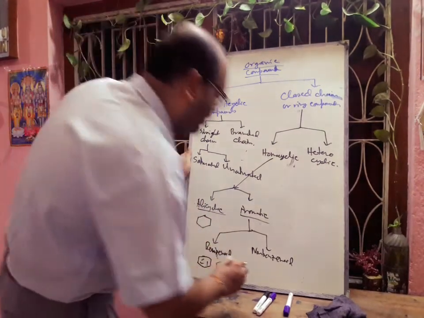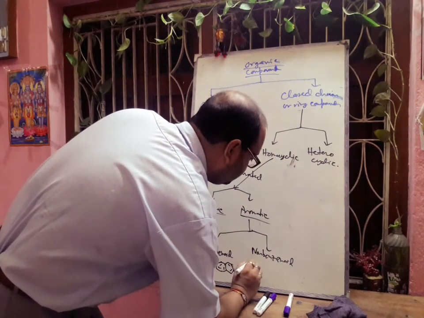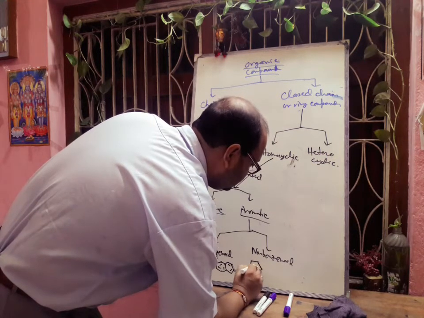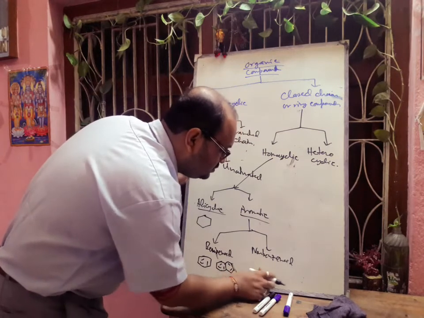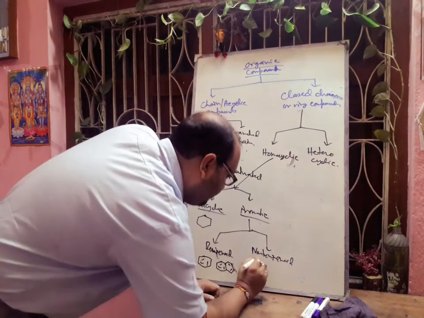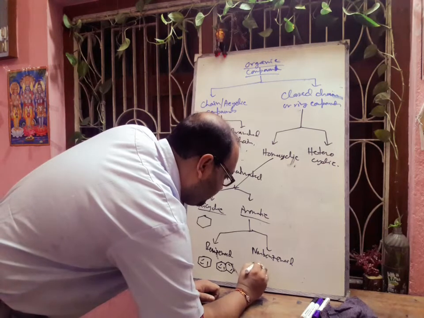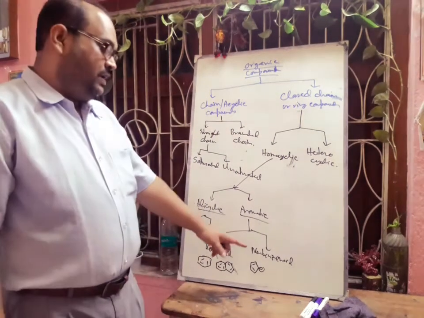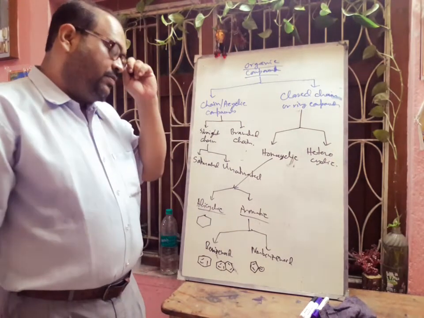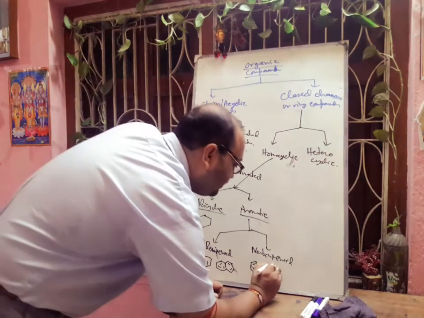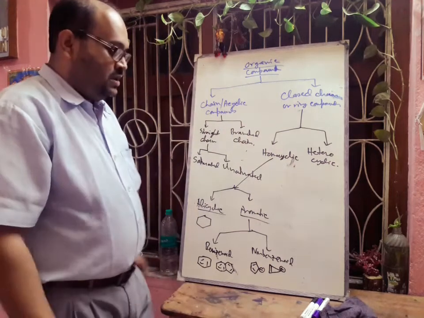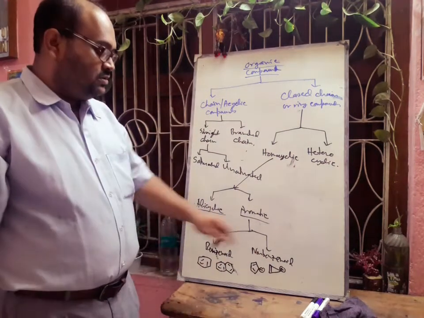For example, cyclobutadiene dianion may be a non-benzenoid aromatic compound. The cyclopropenyl cation is also non-benzenoid.